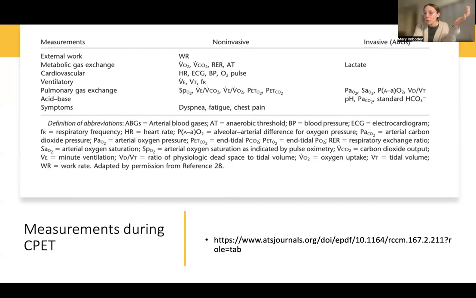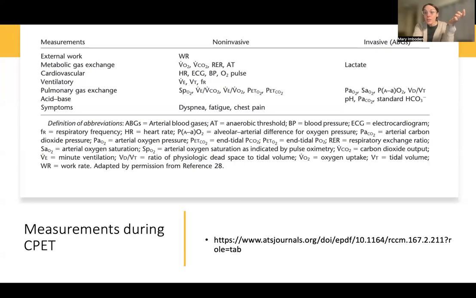What's the patient or participant reporting when it comes to symptoms like shortness of breath, fatigue, any chest pain? Hopefully not. But all of these measures can then be used to guide our exercise planning, our decisions on whether it's safe for that person to be in the PT clinic versus maybe needing to be seen by a cardiologist if they haven't yet, or a pulmonologist.